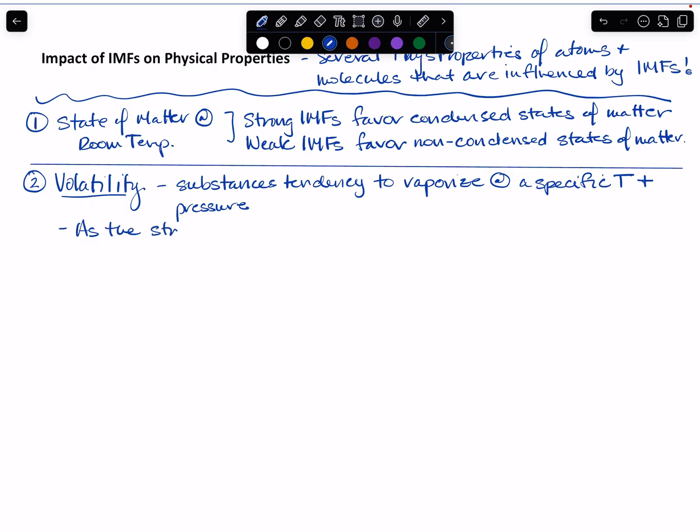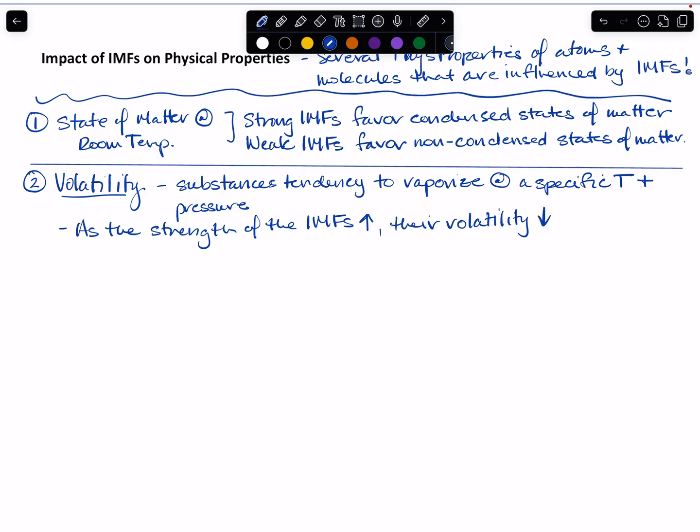As the strength of the IMFs increases, we already said molecules favor condensed states of matter, which means they don't like to be a gas. Their volatility decreases.